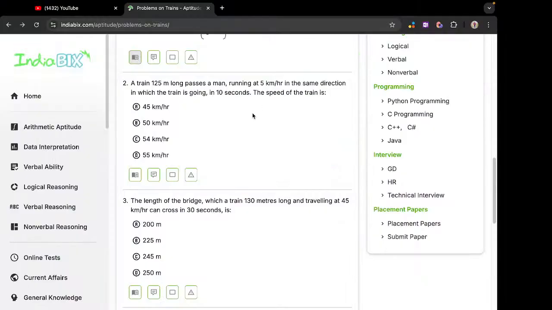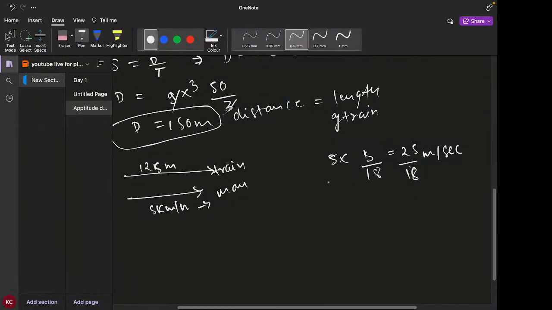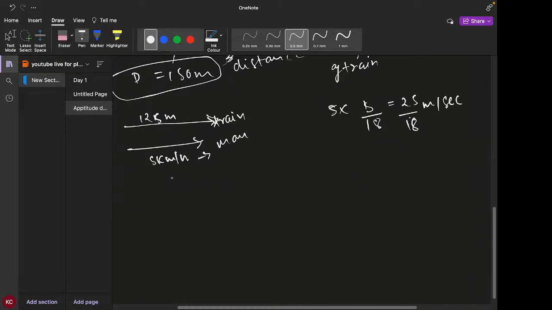The speed of train is... they are both traveling in the same direction, so I have to subtract. Let's suppose the train speed is x meter per second, and they are both going in the same direction, so I have to subtract it.